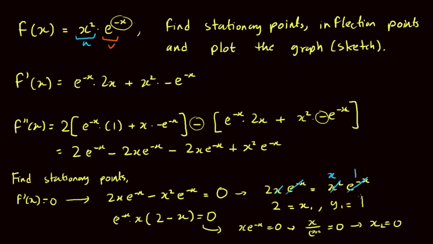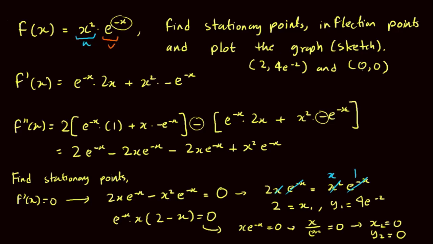We're going to leave it as 4e to the power of negative 2. And where x2 is 0, y2 would definitely be 0 in this case, right? So we've already found our two stationary points, which are 2 and 4e to the power of negative 2, and the origin itself, which is 0, 0.